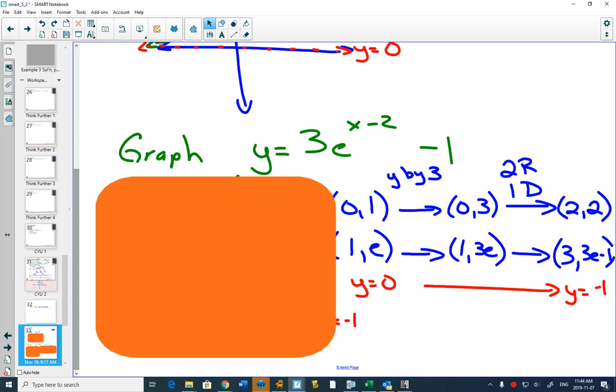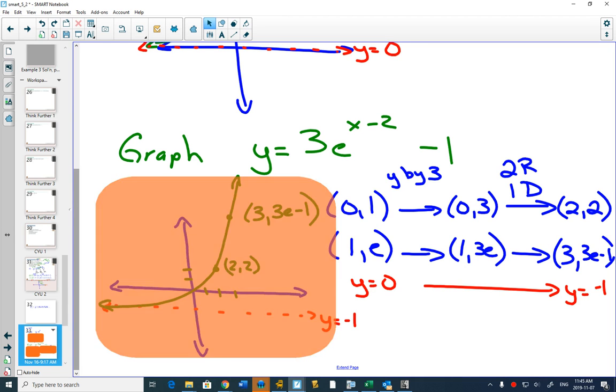So when graphing, can you see that drawing the asymptote at y equals minus 1 is going to be no problem? For 2, 2, that's going to be no problem. But where do you put 3, 3e minus 1? Well, if you know that e is about 2.7, you can multiply that by 3, get 8.1, subtract 1, get 7.1, which gives you an estimate of where to put that point.